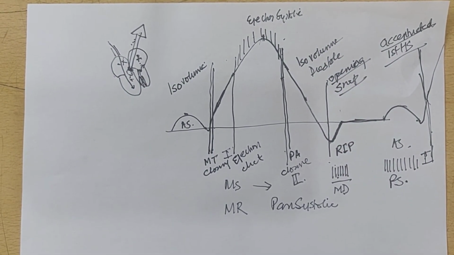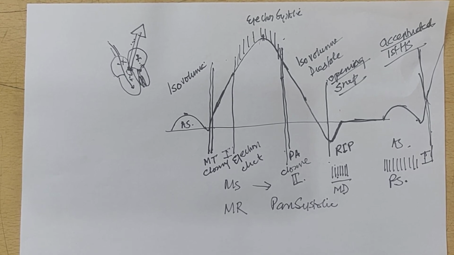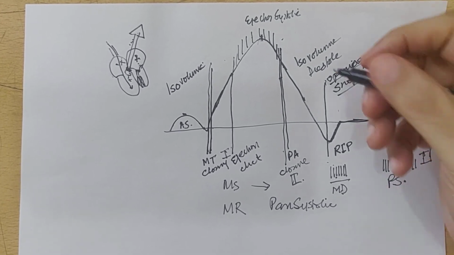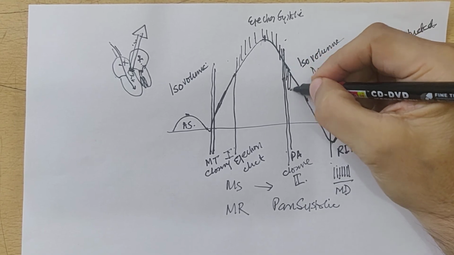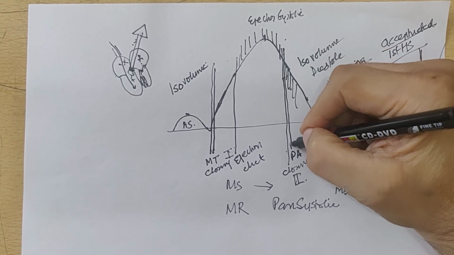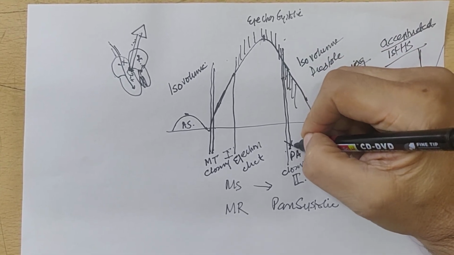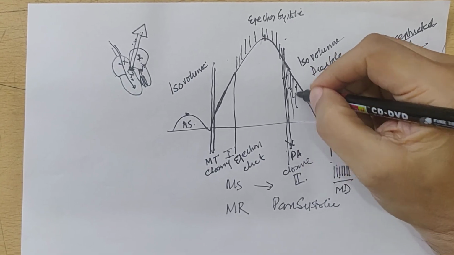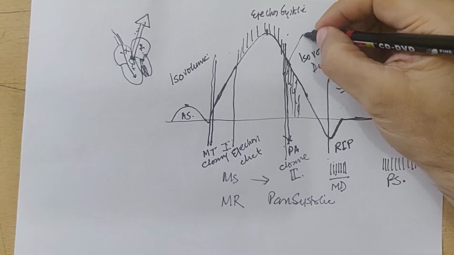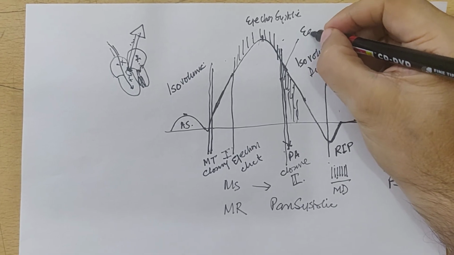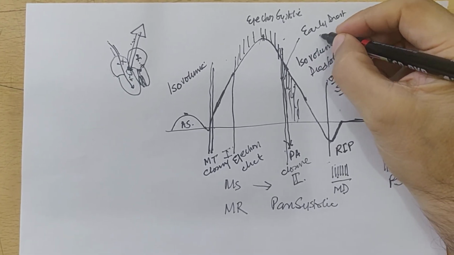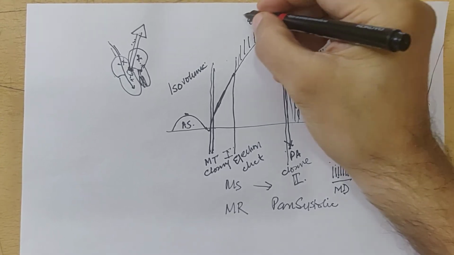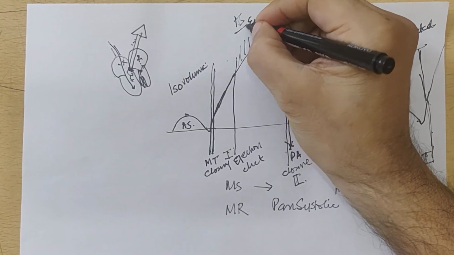And if the aortic valve is regurgitating, then the murmur will be heard here after the second heart sound, because this valve has failed to close fully, and therefore this will be called early diastolic murmur, and this is for aortic regurgitation, and this is for aortic stenosis.